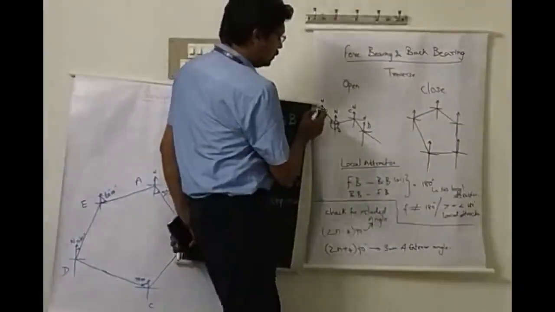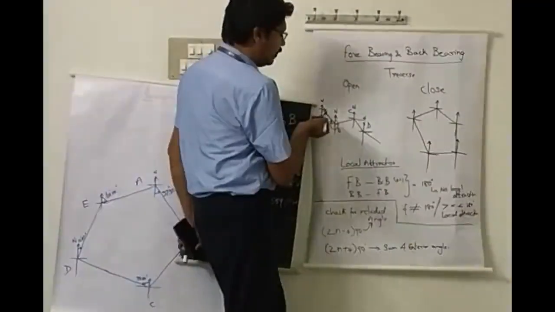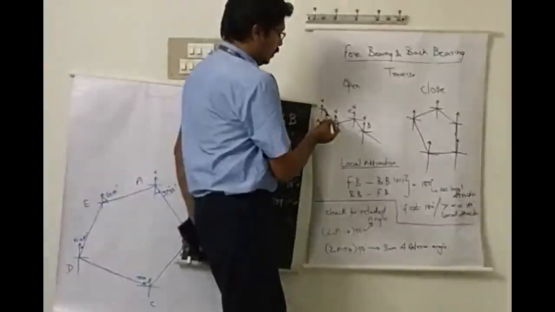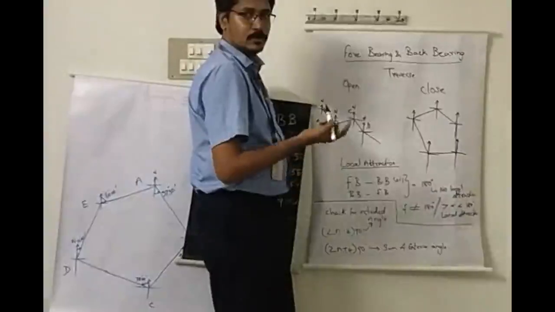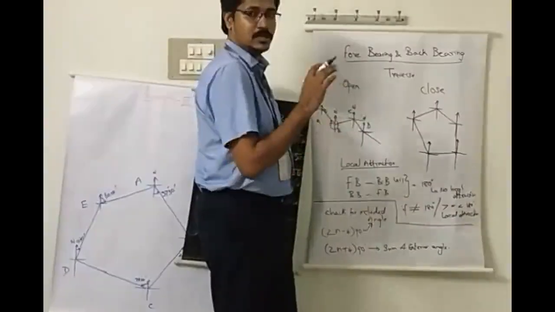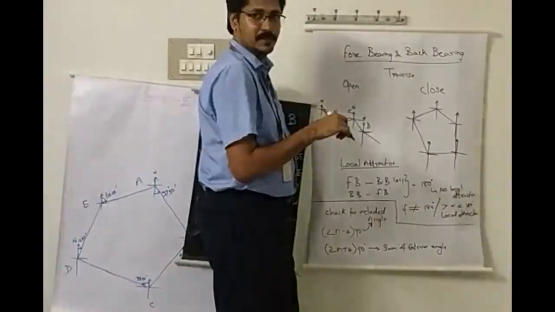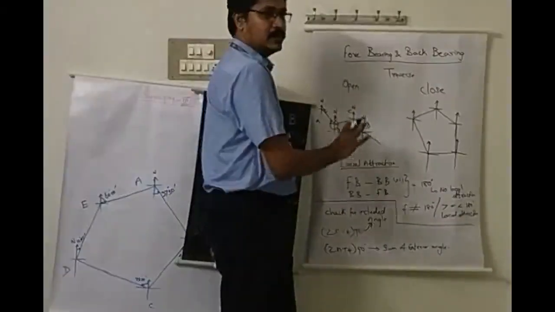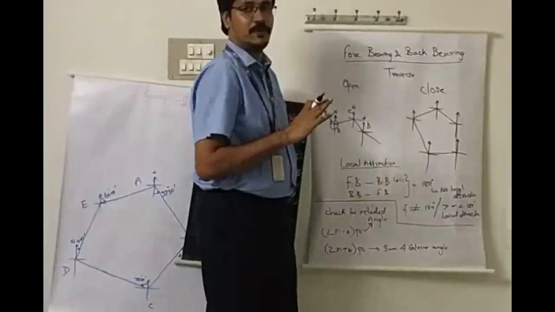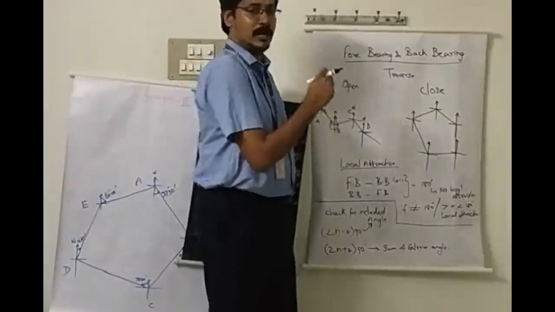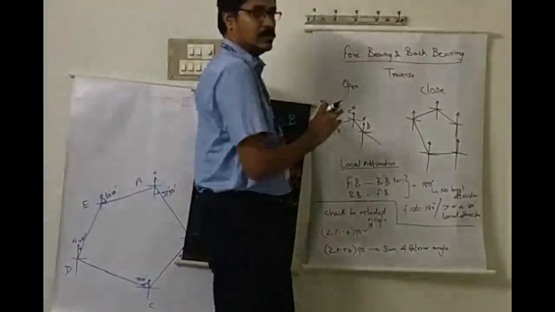Say for example, if it is 120 degrees and this is 300, then 300 minus 120 is 180 degrees. If that happens, then both the stations can be considered free from local attraction, and the readings taken from those stations are also free.